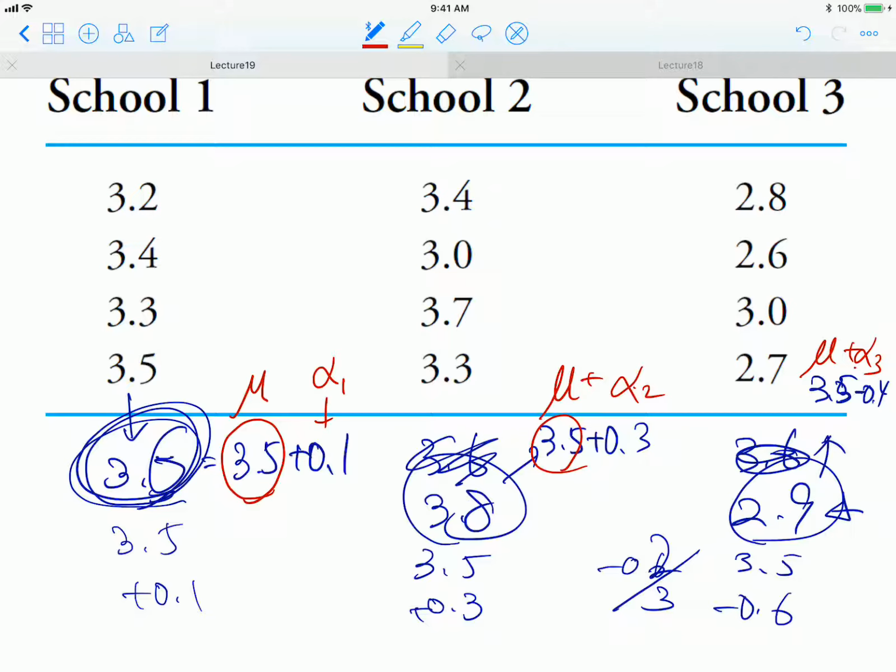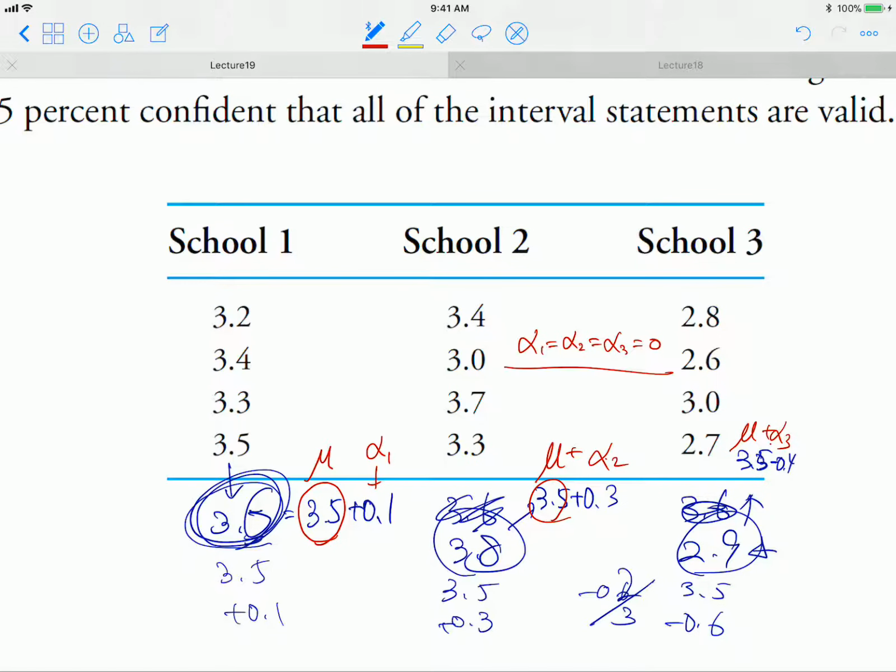So our null hypothesis is now re-represented in this form, right? Okay, so this is a kind of special case when representing the mean of each of these groups, right? And in general, these alpha values could be non-zero values when the null hypothesis is not true.